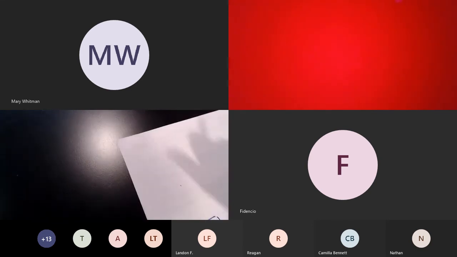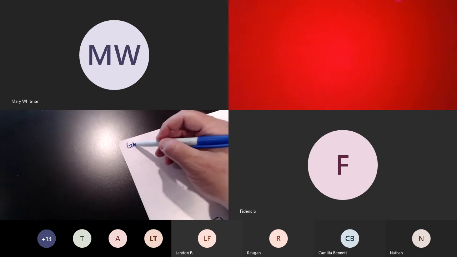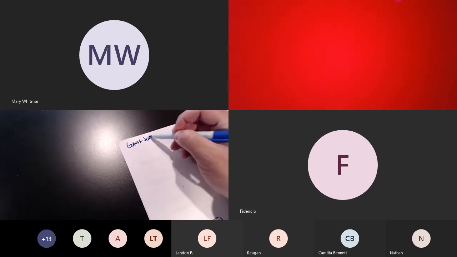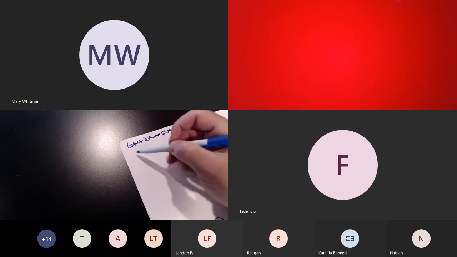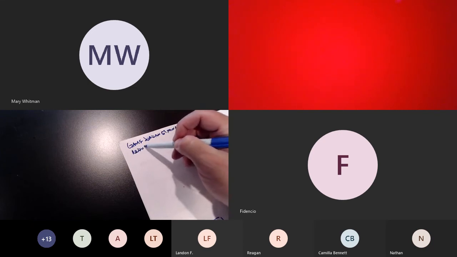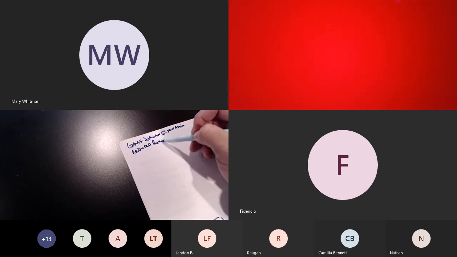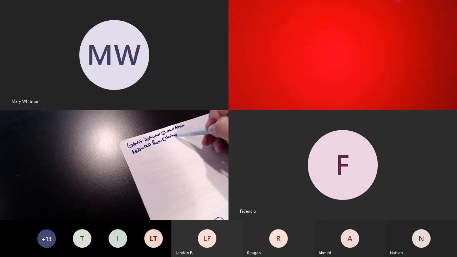I'm going to flip my paper over here. It's also called reduced row-echelon form. Okay, those are the same thing.